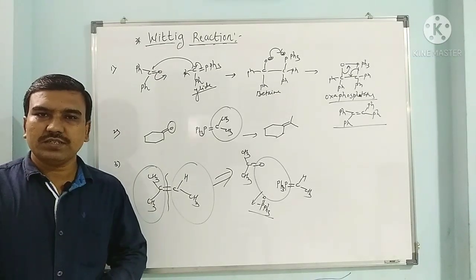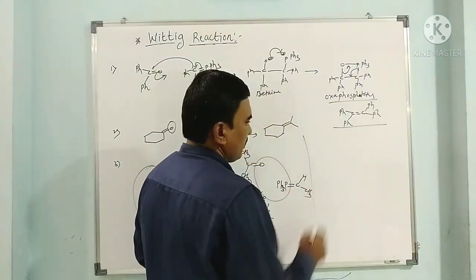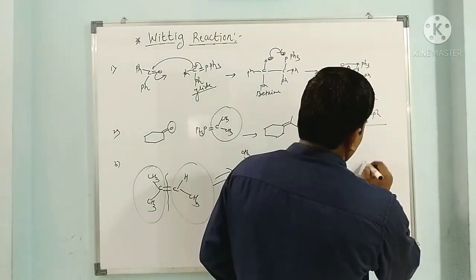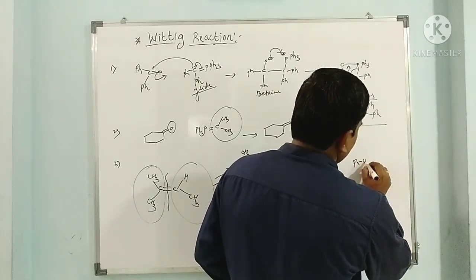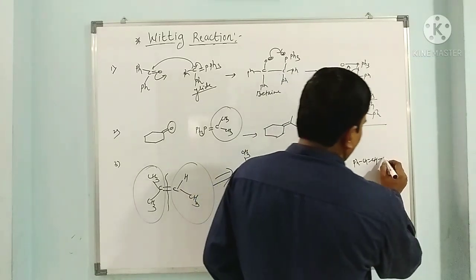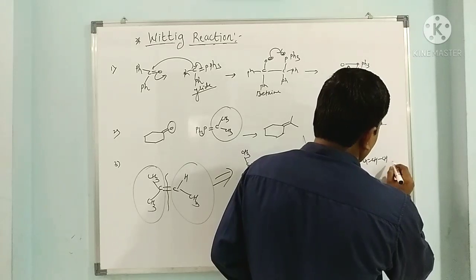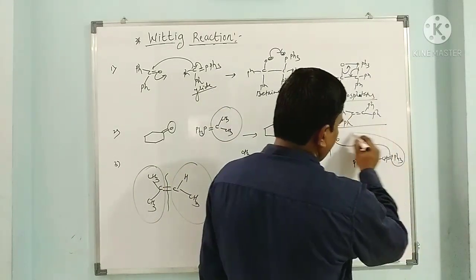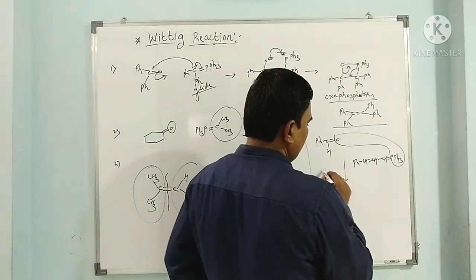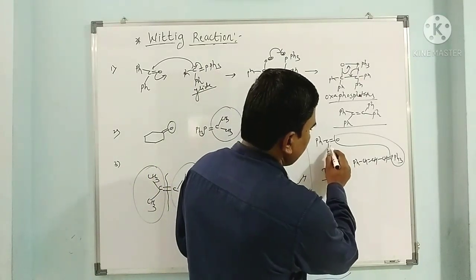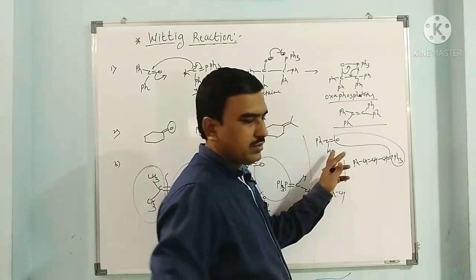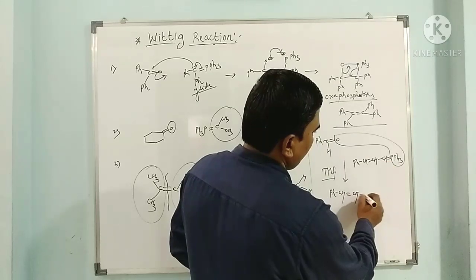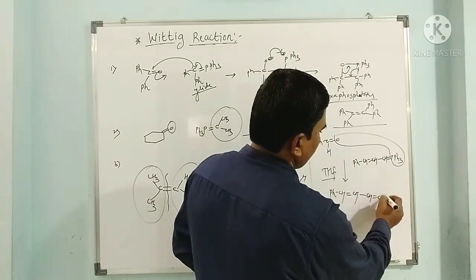Again we can prepare different types of conjugated dienes. When we take the example of benzaldehyde, Ph-CH=O, and when it reacts with an ylide such as Ph-CH=CH-CH=PPh3, here the phosphine oxide is lost and we get, in THF, Ph-CH=CH-CH=CH-Ph.